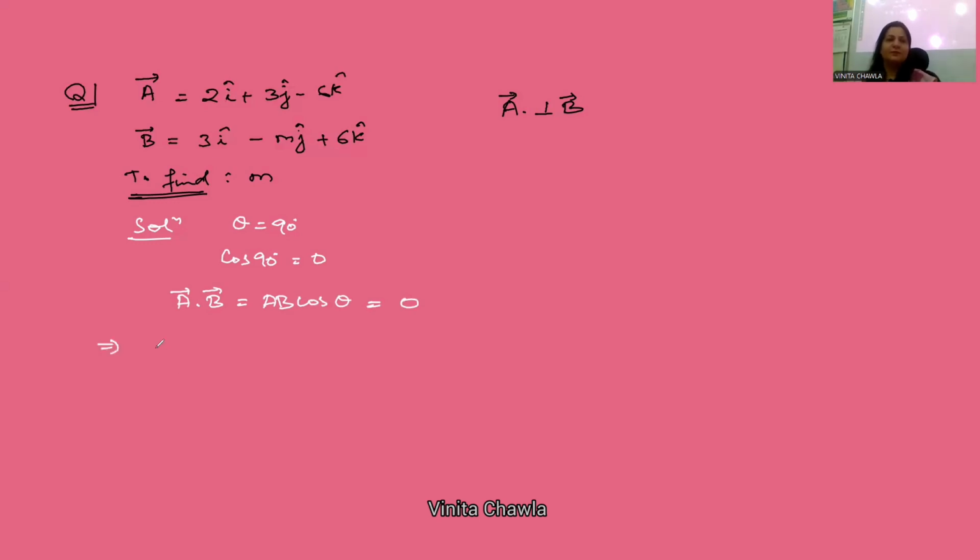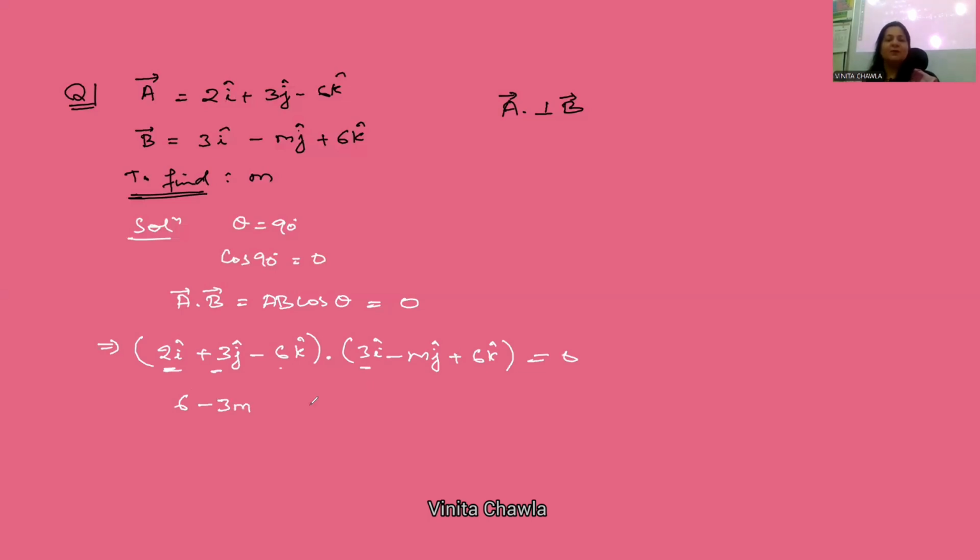Now take the dot product and put it equal to 0. So this implies 2 i cap plus 3 j cap minus 6 k cap dot 3 i cap minus m j cap plus 6 k cap is equal to 0. Now multiply these two. 2 into 3, 6. 3 multiplied by minus m is minus 3m.